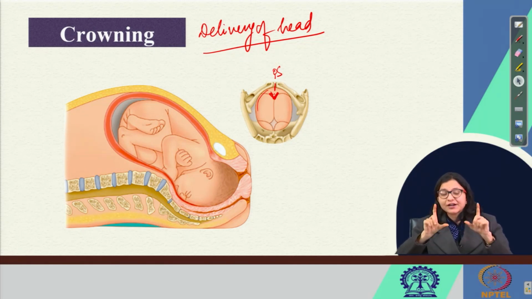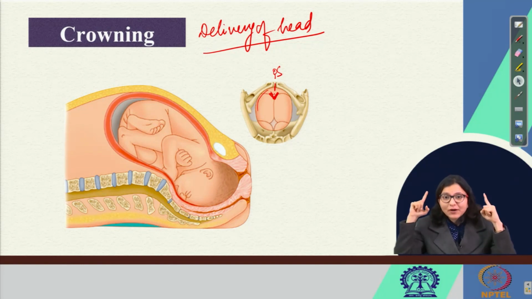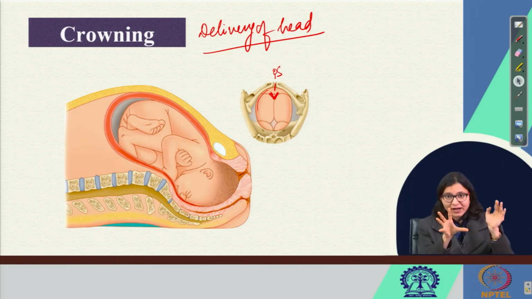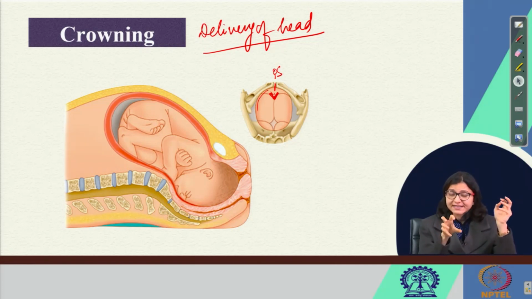And what is crowning? Crowning is that phase when the biparietal diameter crosses the pelvic outlet, and the vulval outlet is stretched by the fetal head, and you can see the fetal head, and it is not receding back into the uterine cavity even during the period of uterine relaxation.